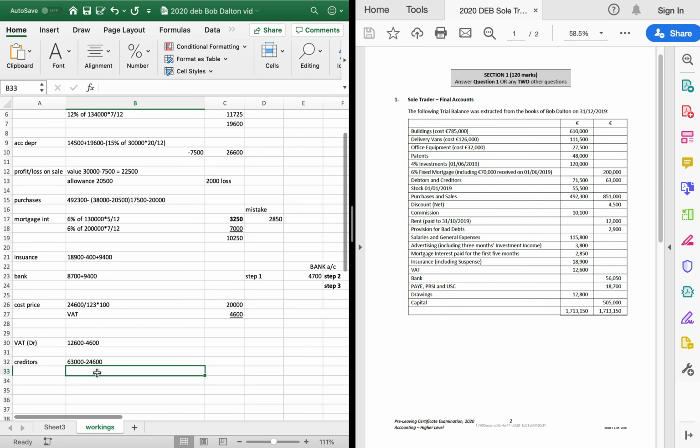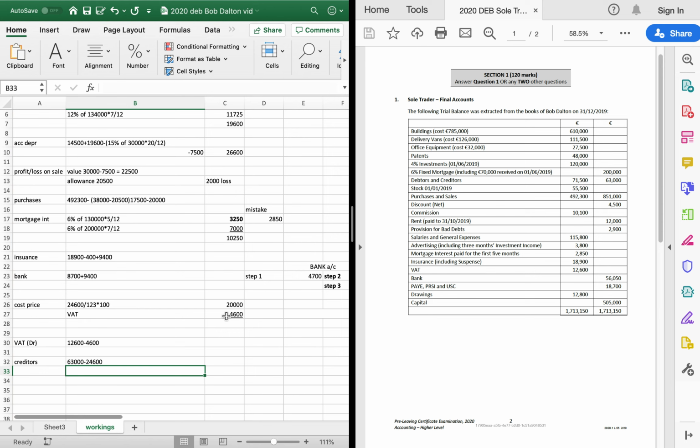So in effect, we're debiting creditors by 24,600. So if you think about the double entry there, we've got a debit of 24,600 for creditors, and then we've a credit of 20,000 and another credit of 4,600. So we've debited 24,600, we've credited 24,600. We've just split them up into two different amounts. Okay, just be careful with that.